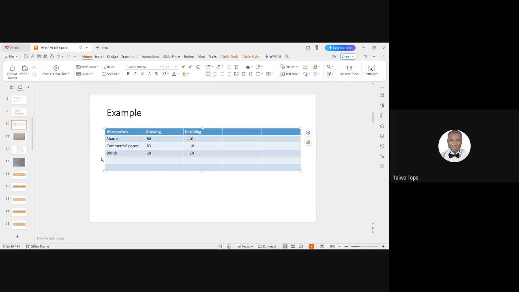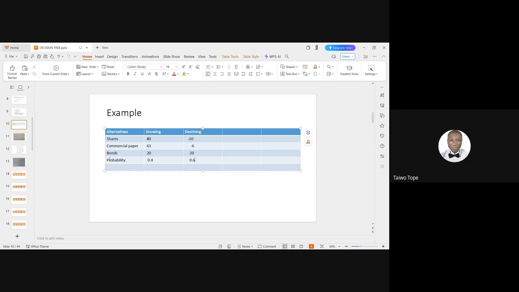Then the probability when it is growing is 0.4, and when it is declining is 0.6.